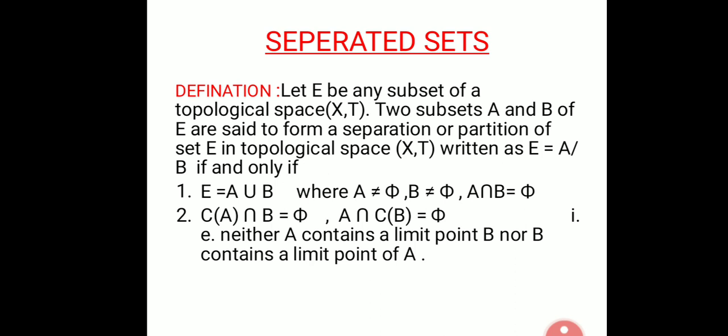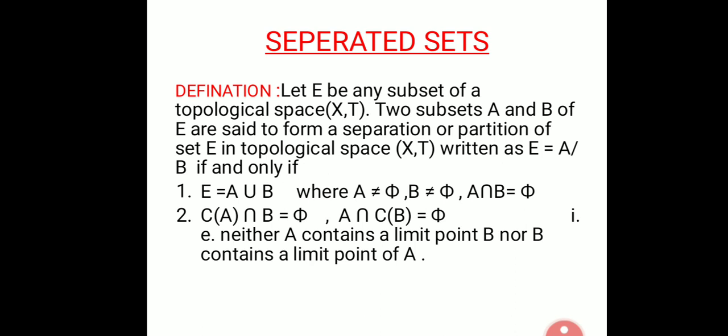First one, E = A ∪ B, that is, E can be expressed as the union of two subsets A and B, where A and B are non-empty sets and A ∩ B = φ, that is, A and B are disjoint sets.